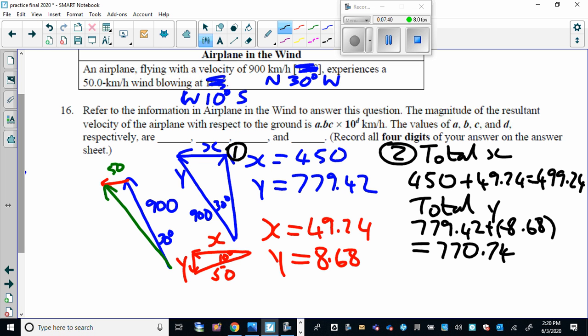The x's were both in the same direction. They're both west, so therefore they're both positive, or they're both negative, as long as they're both the same thing. The y's, we've got north, the plane's going north, but the wind is going south, has a southerly component, so one has to be negative.